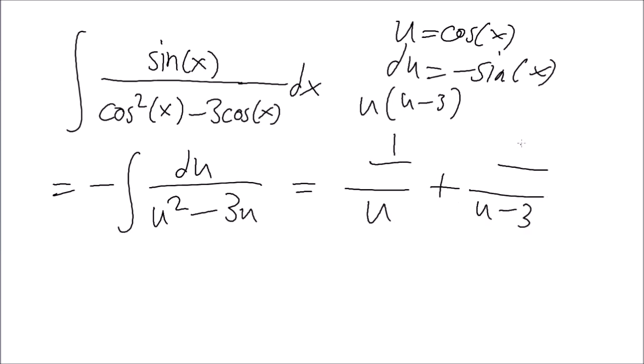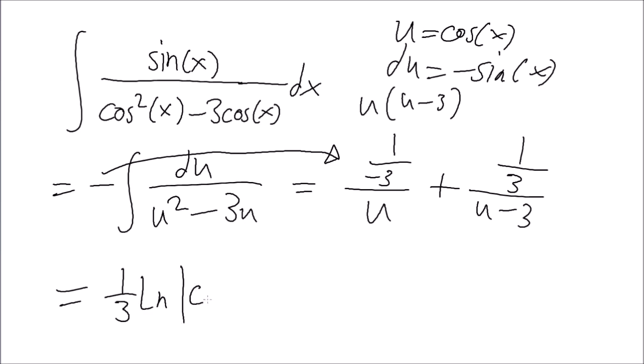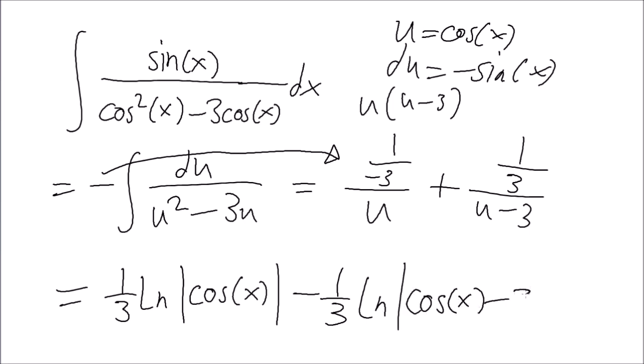That numerator is just a 1. Okay, u equal to 0. 0 minus 3, that's -3. u minus 3 equal to 0, u is 3. Plug in 3 here. Okay, but don't forget that we distribute this negative. We distribute the negative. So now what we have here is this would become 1/3 ln of u, which is cosine of x, minus 1/3 ln cosine of x minus 3.